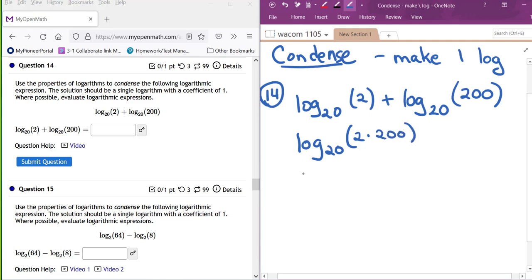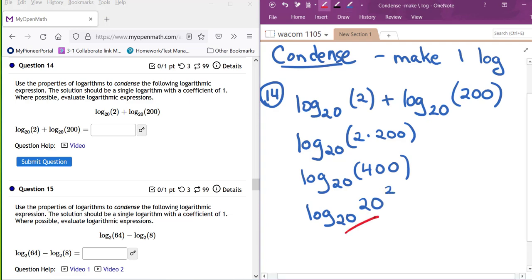And you can go ahead and multiply that out since those are numbers. Log base 20 of 400. And you have to just check, is 400 a power of 20? And it is. It is 20 squared. So the log base 20 of 20 squared. And so the base is the same as what you're taking the log of. The answer is 2 on this one.